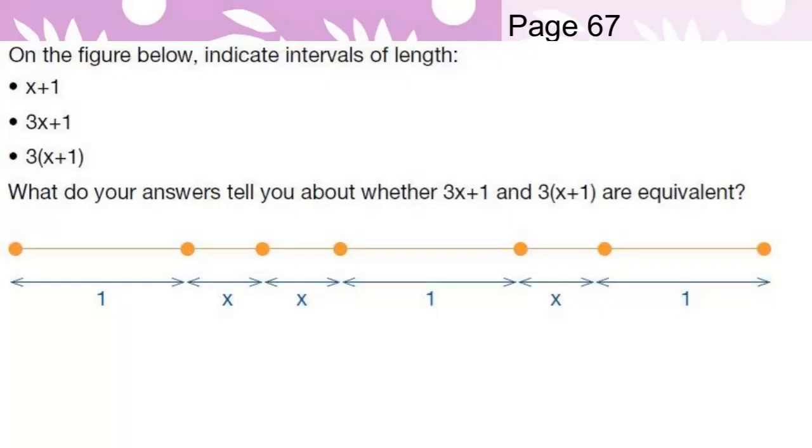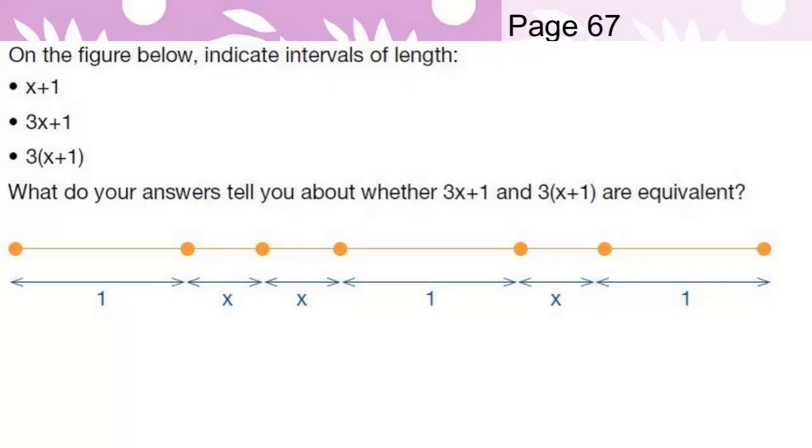They're saying this from here to here is a length of 1. This from here to here is a length of x. From here to here is x, from here to here is 1. So can you show on that orange line, that's orange up here, I realize it's gray on your paper, where can you show x plus 1? Flip the page.